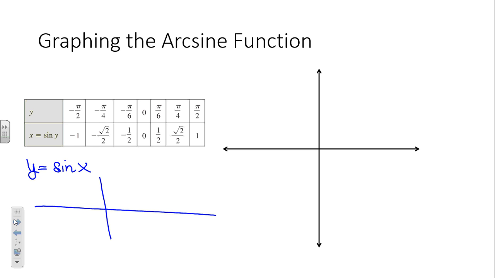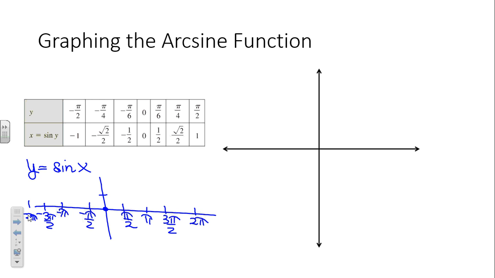So we typically plug in things like π/2 and π and 3π/2 and 2π. And where does the sine start? What is the sine of 0? 0, right? So at 0, the sine of 0 is 0, the y is 0.